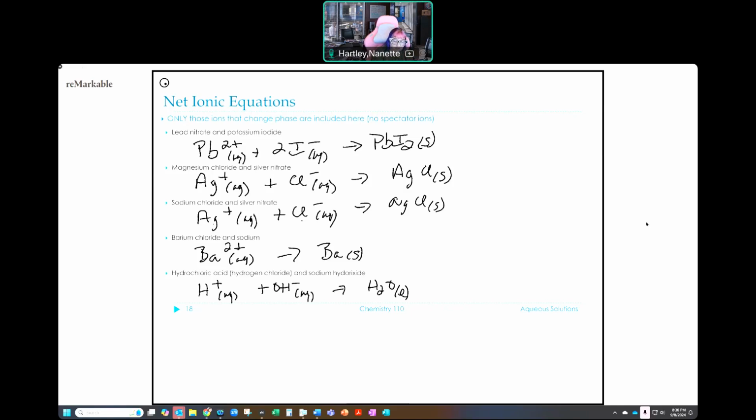Okay, they appear as if they were together and balanced as if they were in the same place. And then our net ionic equations, where we only include the things that are involved in the interesting chemistry. Okay, we remove all of our spectators. All right, so those are different types of equations.